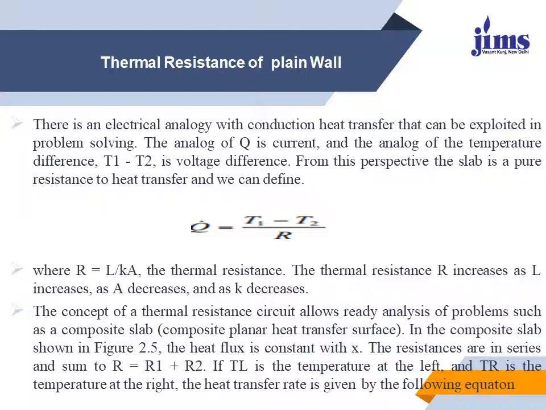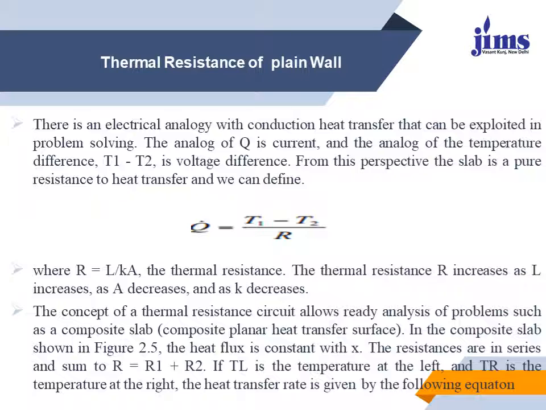The analog of Q is current, and the analog of the temperature difference, T1 minus T2, is voltage difference. From this perspective, the slab is a pure resistance to heat transfer, and we can define Q equals T1 minus T2 divided by R, where R is the thermal resistance, defined as the length of the wall divided by the thermal conductivity and A, where A is the area of the wall.